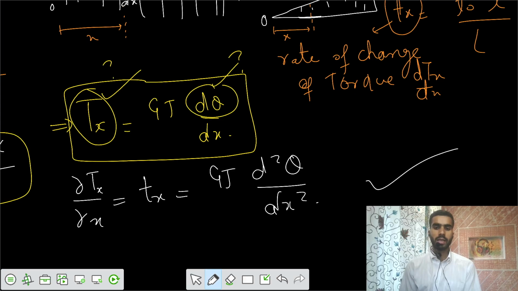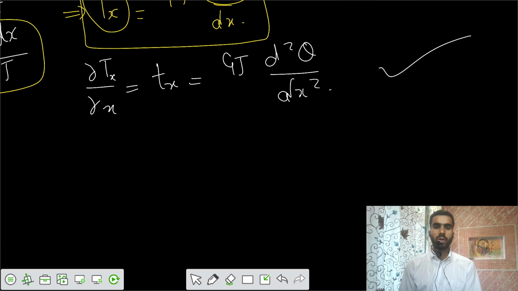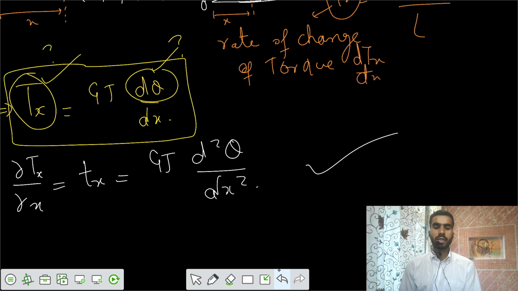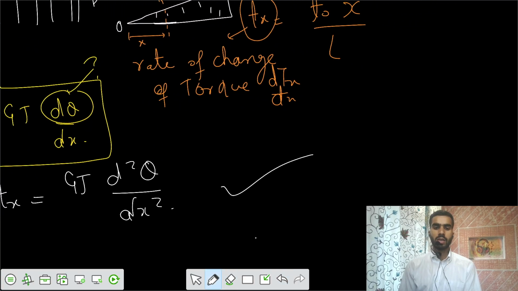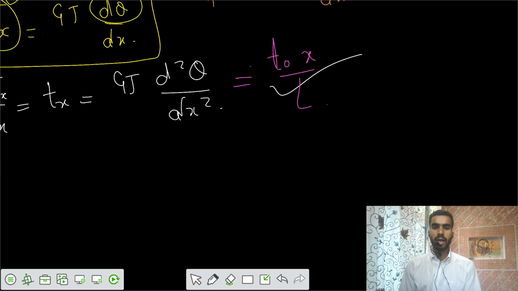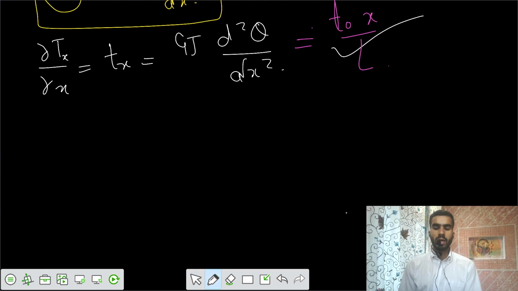Once I have the equation in terms of torque intensity, I substitute the value of torque intensity, which is the critical point for this problem: T0 x by L.